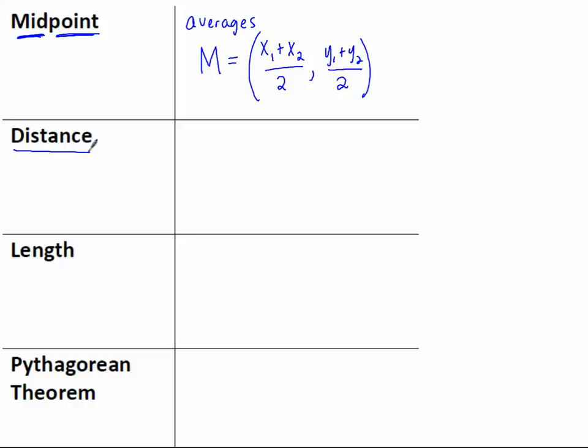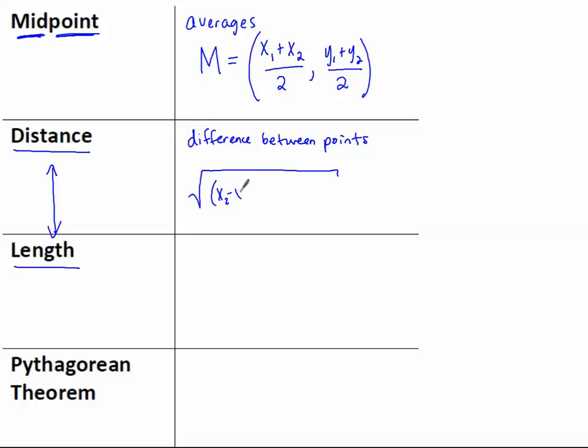Distance, also known as length, hence why they are next to each other. Distance and length, basically interchangeable, the same thing. When we calculate a distance, we think of the difference between points. And if we need to use a formula for distance, the formula involves subtracting the x coordinates and subtracting the y coordinates.